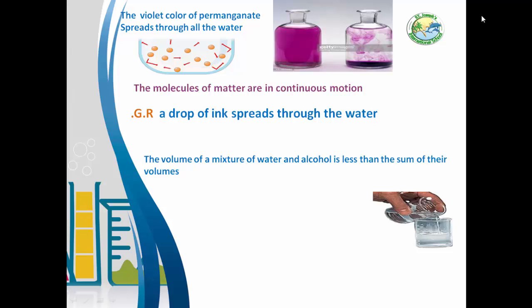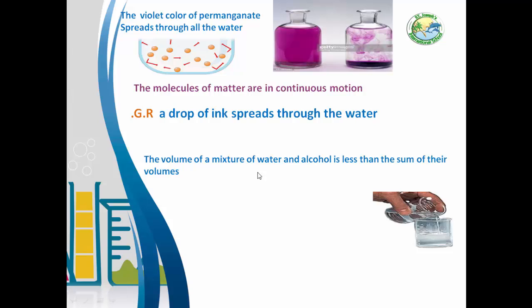Then we will add about 200 cubic centimeters of alcohol to the water. We can say that the volume of the product will be the sum of the volumes of the water and alcohol. So we expect that the product will be 500, but that doesn't happen.